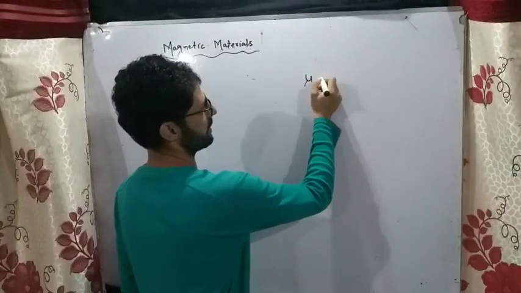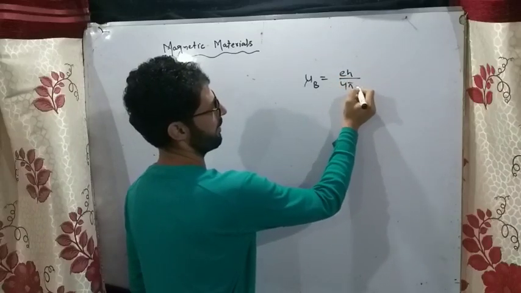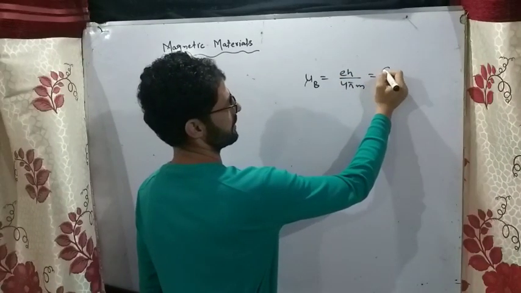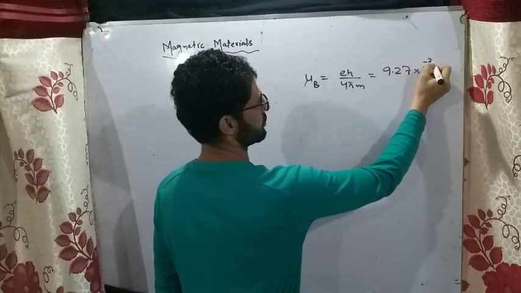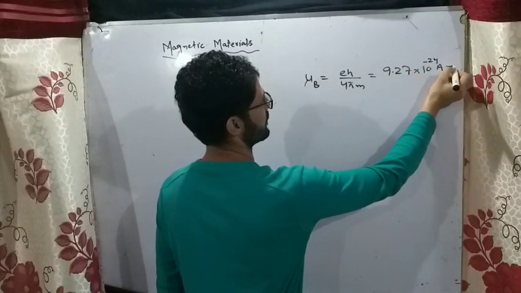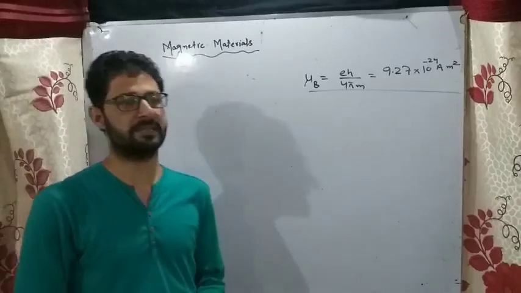That magnetic moment, mu B, is equal to eh by 4 pi m, and that is 9.27 into 10 power minus 24 ampere meter square. This is the magnetic moment associated with one orbiting electron.